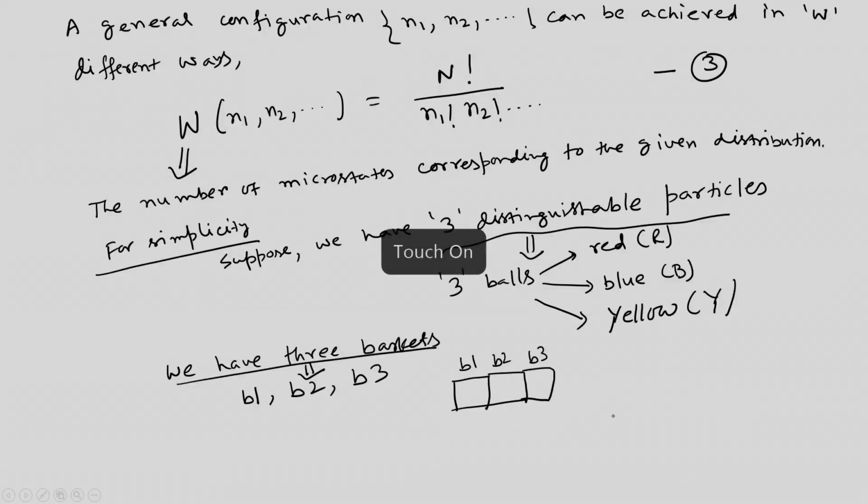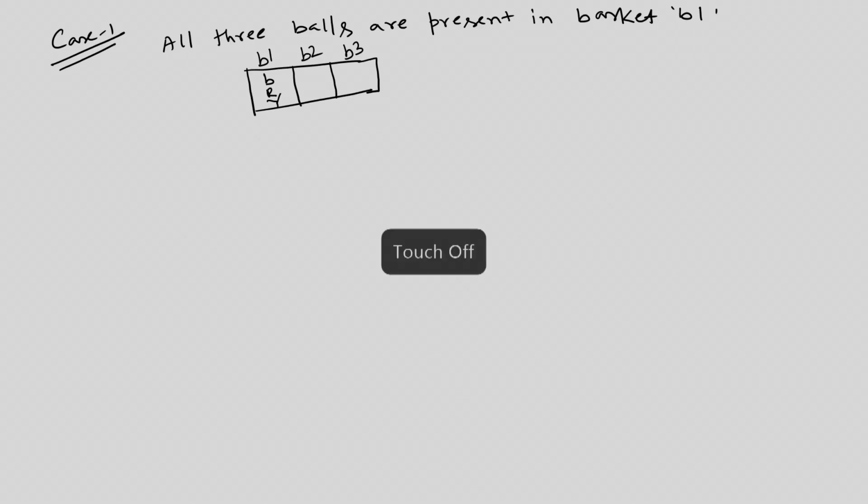All three balls are present in basket 1. So, how many ways can we put these three balls in basket 1?